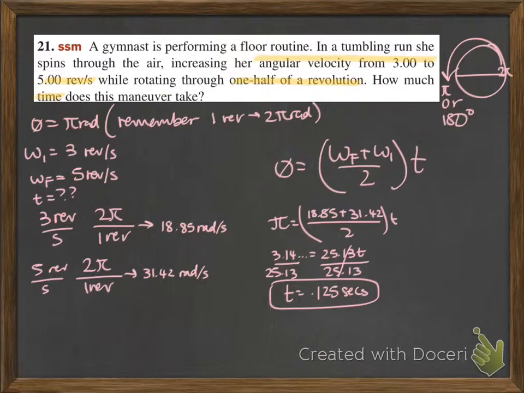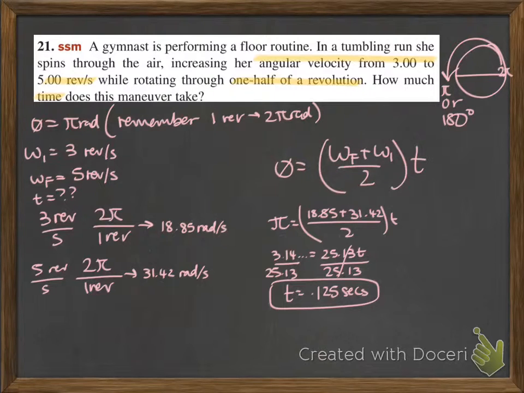What's the time? So this is not constant acceleration. There actually is a change. It's going faster at the end. So you have to convert from revolutions to radians because it's asking for time, and revolutions does not give it to you in time. So I put 3 revolutions per second and then 2 pi equals 1 revolution, converting it to 18.85 radians per second, and I did the same for the final, which would be 5 times 2 pi, which would give you 31.42 radians per second.